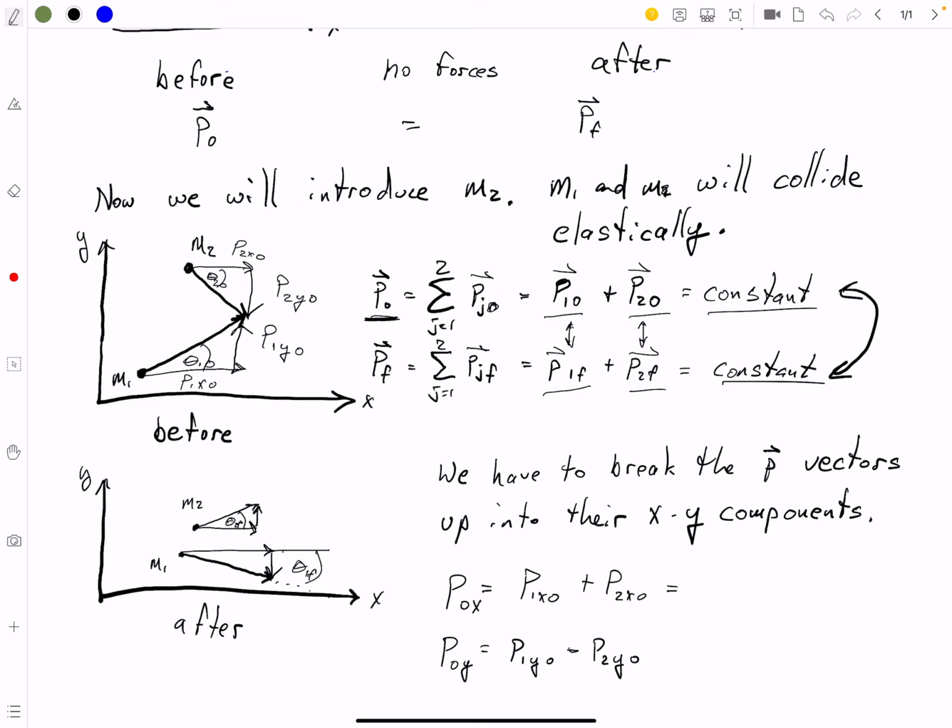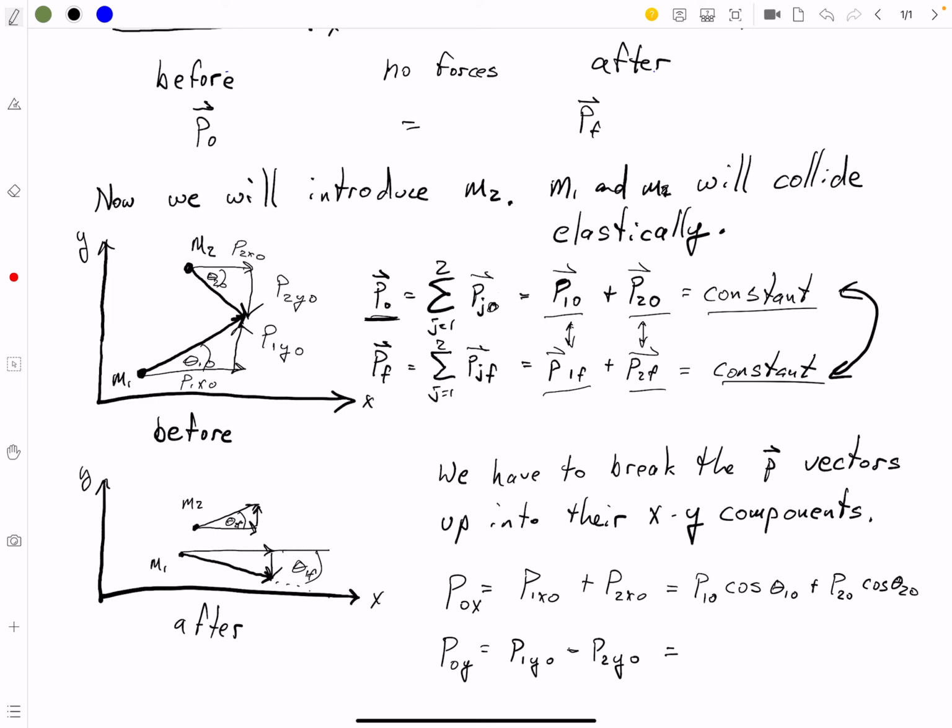So we've got P1 initial times the cosine of theta 1 initial, and we're going to add to that P2 initial times the cosine of theta 2 initial.